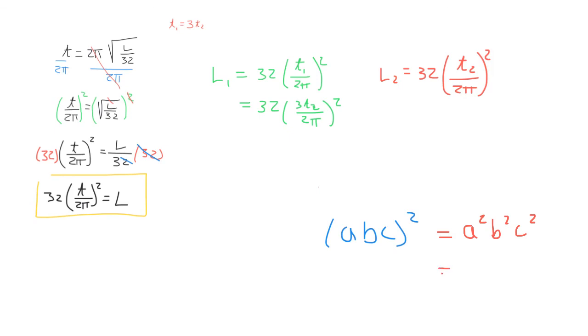And you can also write it as A squared times the product of BC squared. Just like I applied the exponent to each of these to go here, I could once again apply this exponent to these two to bring it back up here, right? So these are all equal.